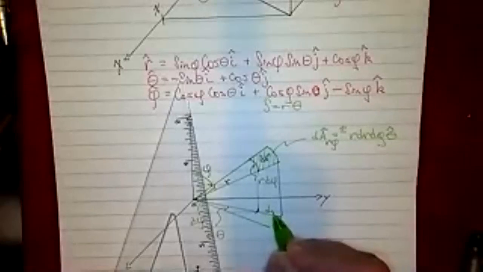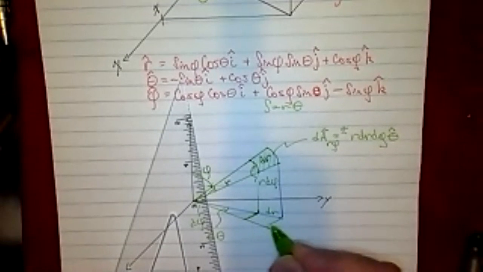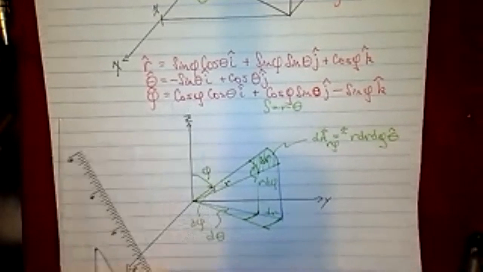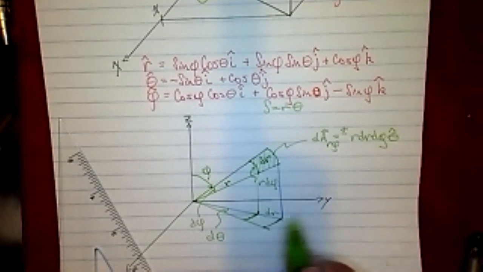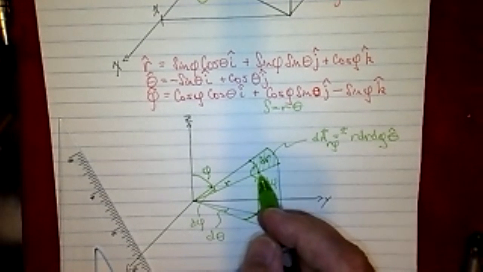This distance is dr. And then I have this little arc right here and this little arc here. Now because this is d theta angle, the actual distance has to be the radius, but it's not really the radius now, nor is it exactly dr. Notice I projected dr, which was a little longer.